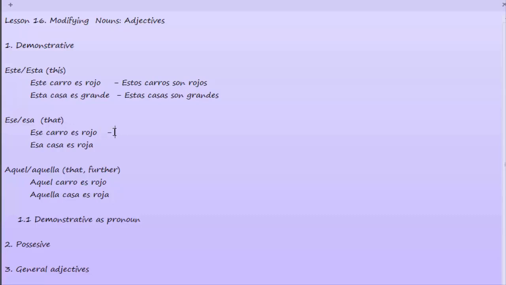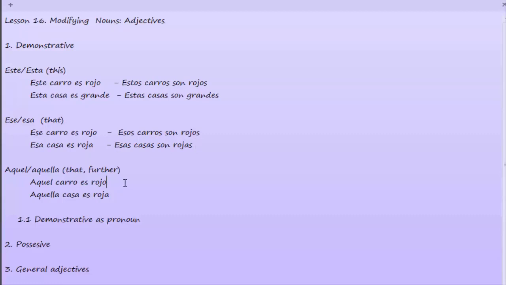To build the plural form, we would have to say esos carros. Esos carros, again, son rojos. For the feminine version, we would have esas casas son rojas.